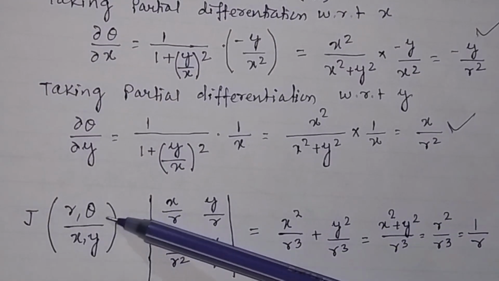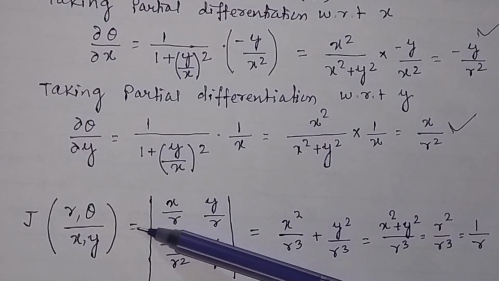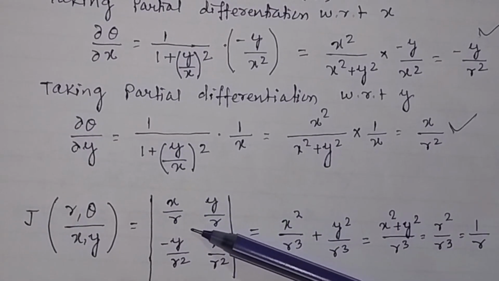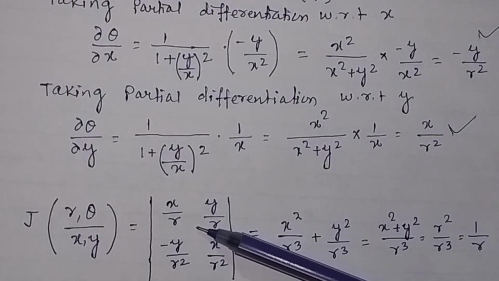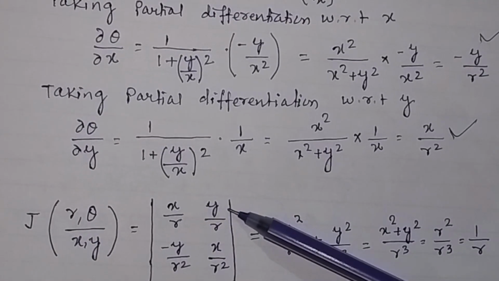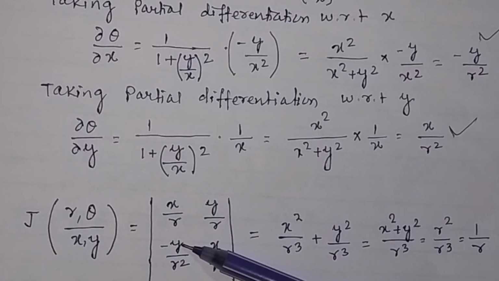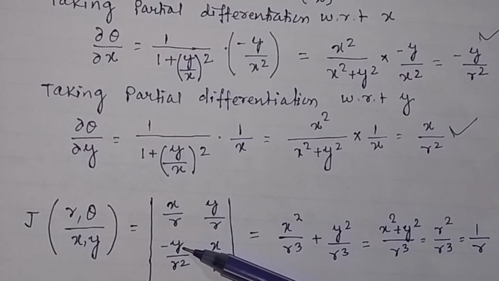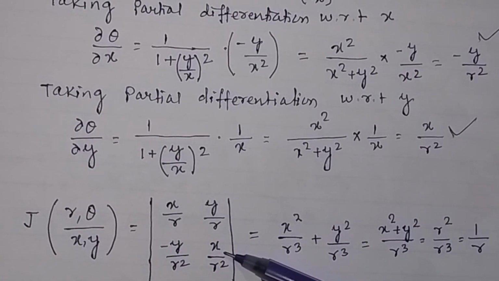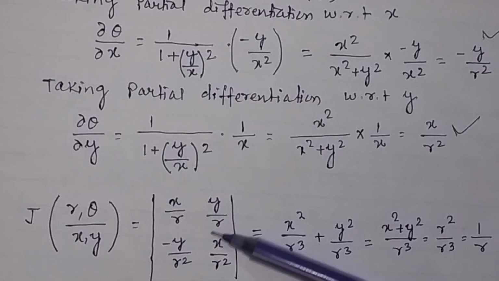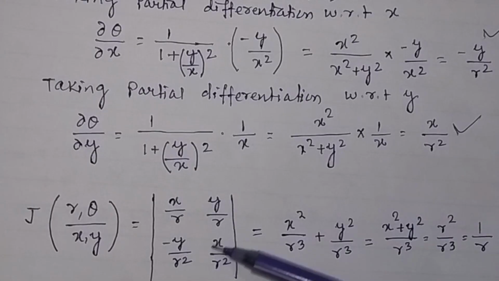So Jacobian r theta with respect to x, y will be equal to x by r, this is the partial derivative of r with respect to x, and this value we have got, partial derivative of r with respect to y, and this is partial derivative of theta with respect to x, and this is partial derivative of theta with respect to y. So x by r, y by r, minus y by r square, x by r square.